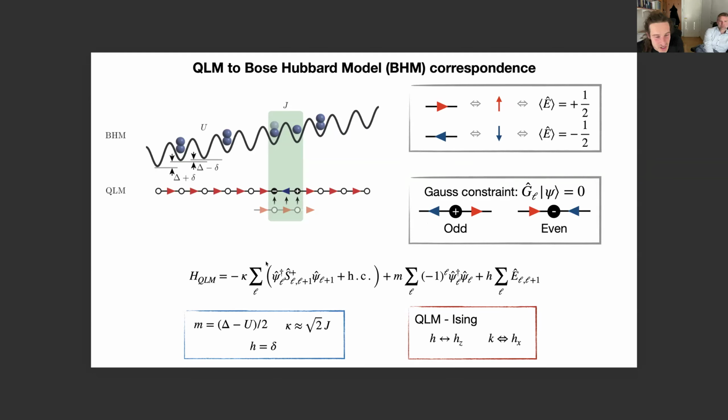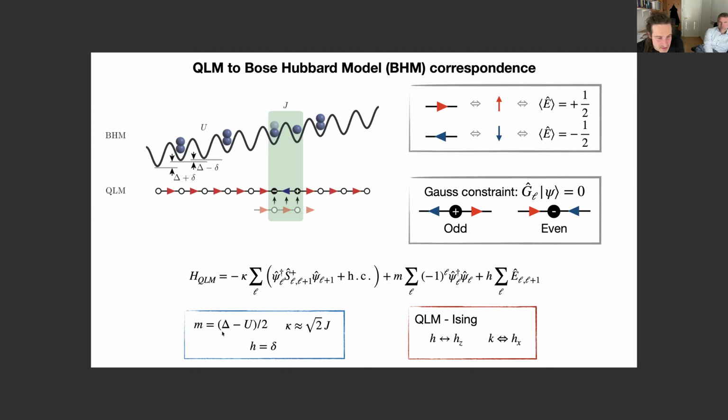But essentially what happens is that this tunneling term, which is described in the Bose-Hubbard model by the hopping of excitations, will flip the field and create a particle-antiparticle pair. These terms give you the mass that you pay to create particle and antiparticle. And this one, as I said, is the one that essentially breaks the degeneracy of the two vacua.